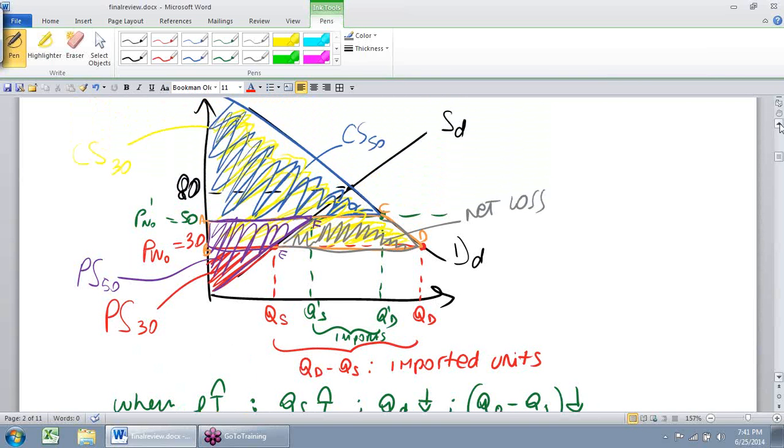So again, to look at efficiency, what you need to see is how the consumer surplus changes and how the producer surplus changes.